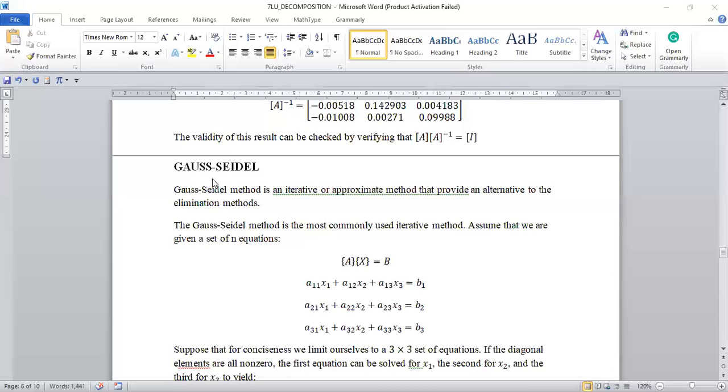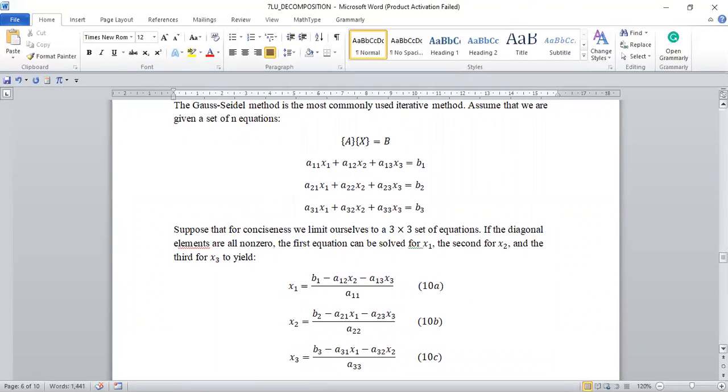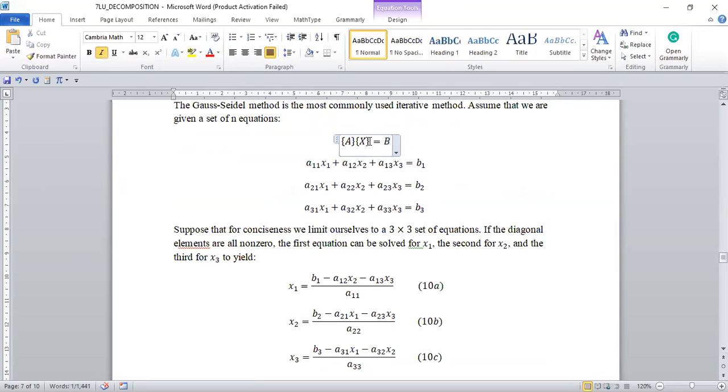The Gauss-Seidel method is an iterative approach, and given Ax = b, where you want to solve for x, breaking this equation from the matrix form into equation form is given by this.